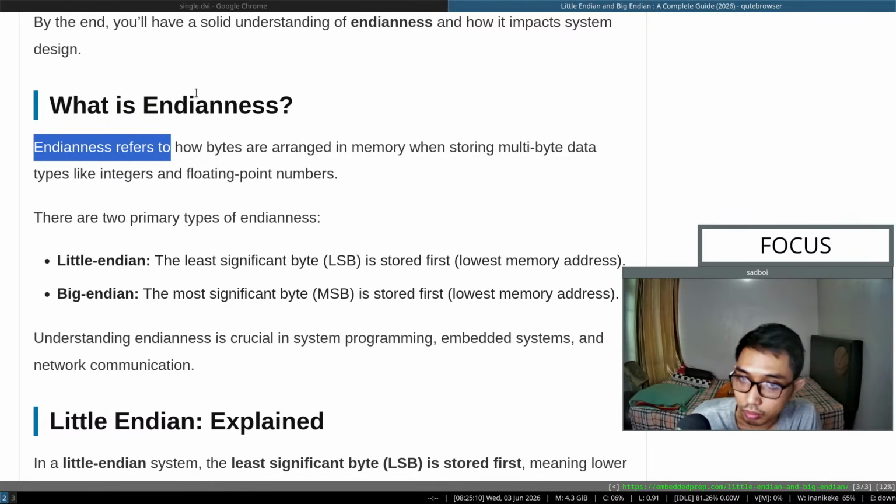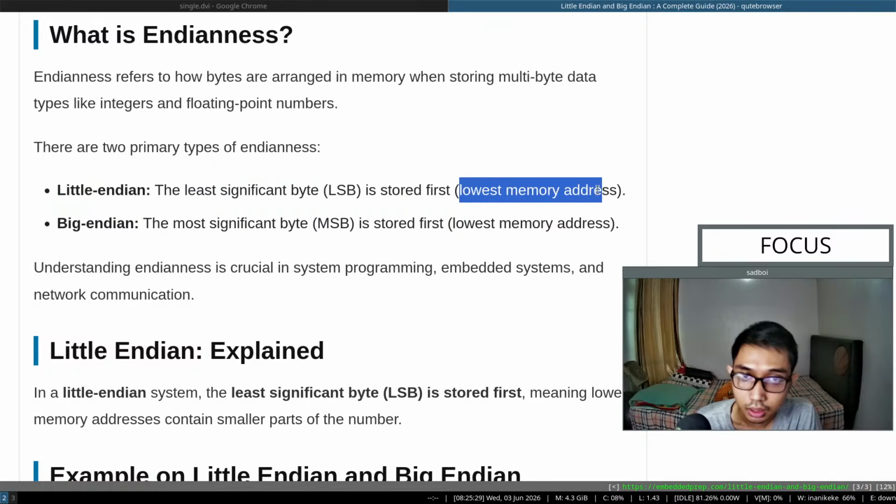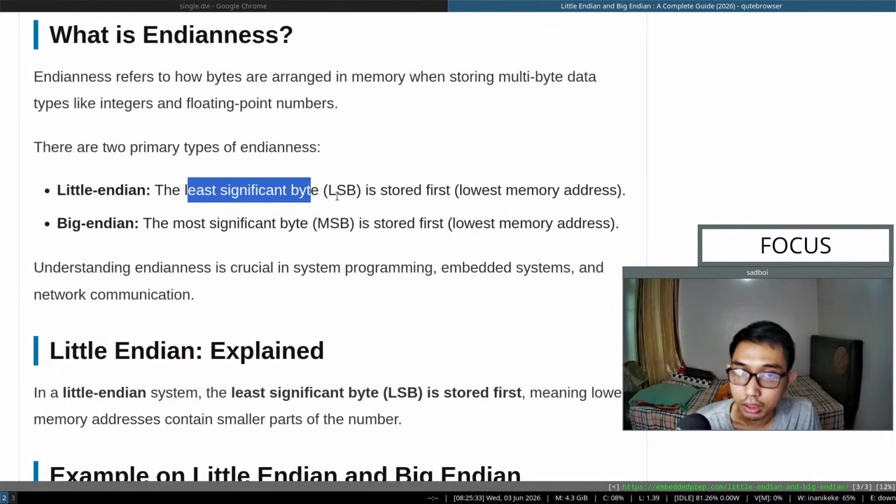What I'm kind of curious about is why the CPU chooses little endian to store the memory. Maybe something like that. Oh, the least significant byte is stored first.